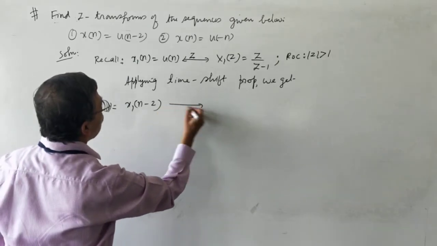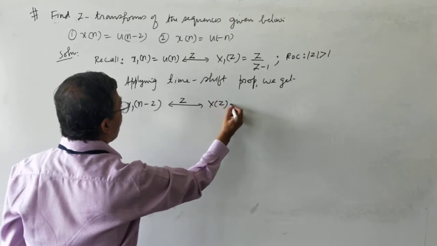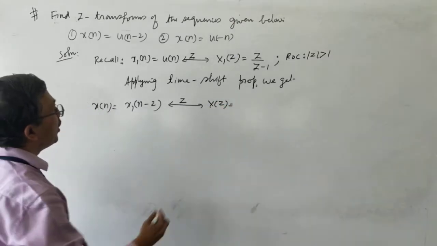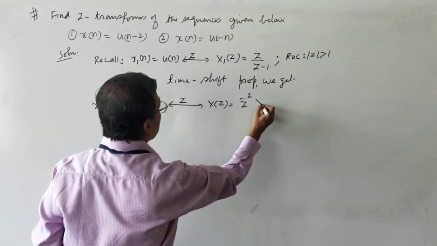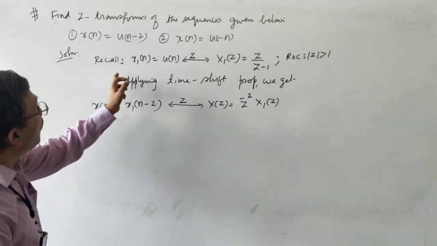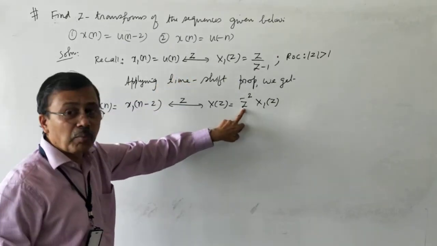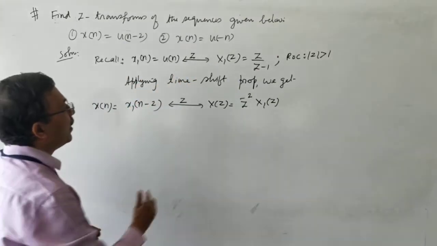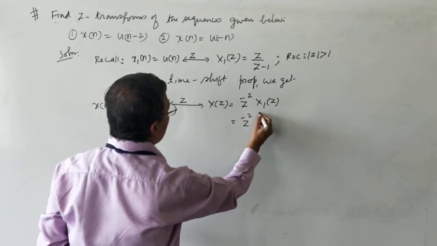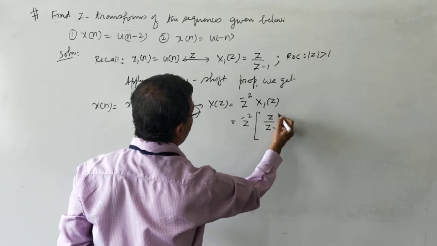As a z transform, x of z is equal to, because of time shift property, z to the power minus 2 into x1 of z. If you replace n by n minus 2, x1 of z gets multiplied by z to the power minus 2, that is time shift property. And what is x1 of z? x1 of z is z by z minus 1.